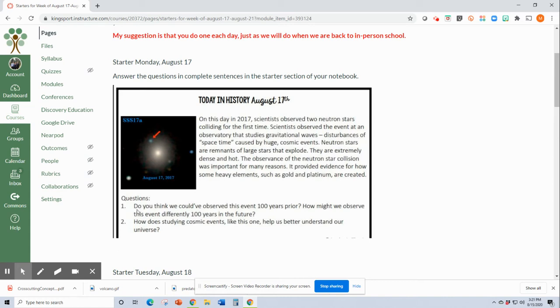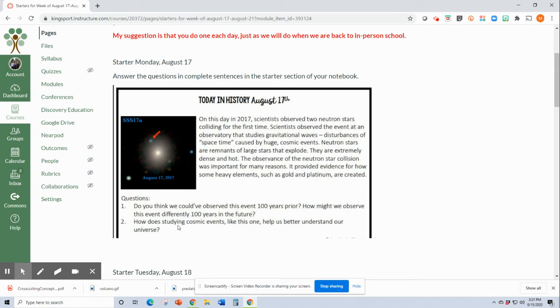Do you think that we could have observed this event of these 2 neutron stars colliding 100 years in the past? And how might we observe this event differently 100 years in the future? So you want to answer both of those. And then number 2, how does studying cosmic events like this one help us better understand our universe? And you'll write the answer to that.